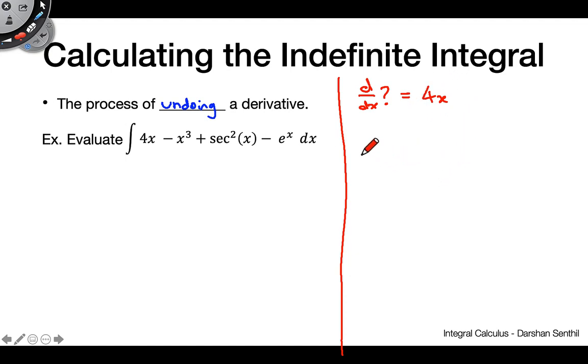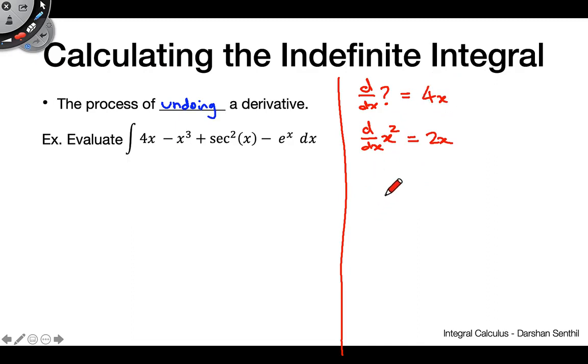Well, the derivative of x squared is equal to 2x. So using the power rule on x squared, or any quadratic, gives us a 2x, a first order or linear function, which is exactly what we want.